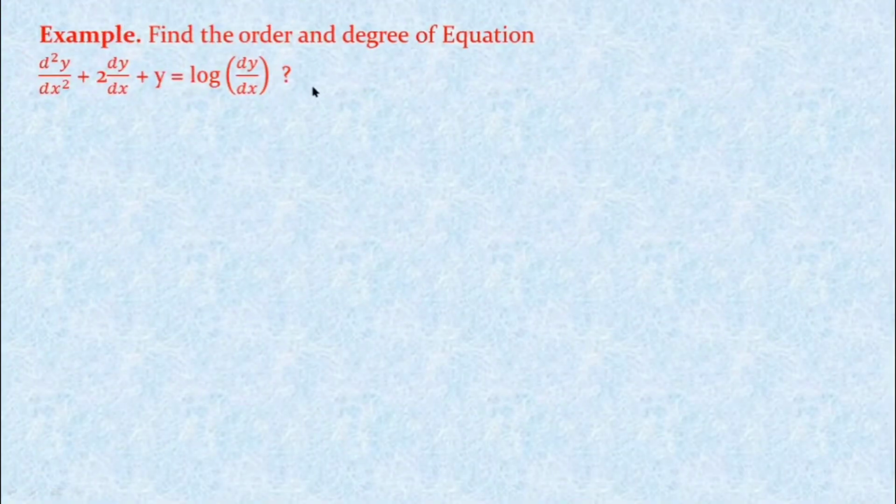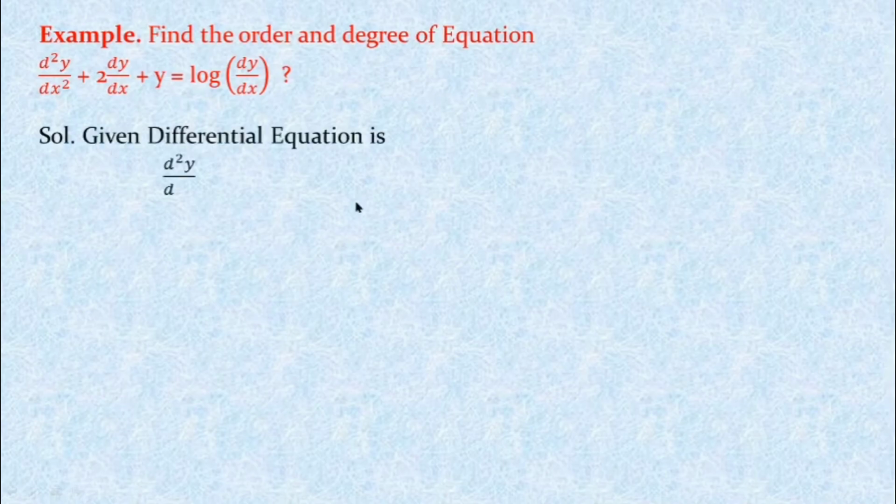Next example. Again, find the order and degree of the differential equation. So first we write the given differential equation. So this is the given differential equation. In this equation we have log of dy/dx. If we get log of dy/dx, sin of dy/dx, cos terms like this, we cannot transform this equation into polynomial form.